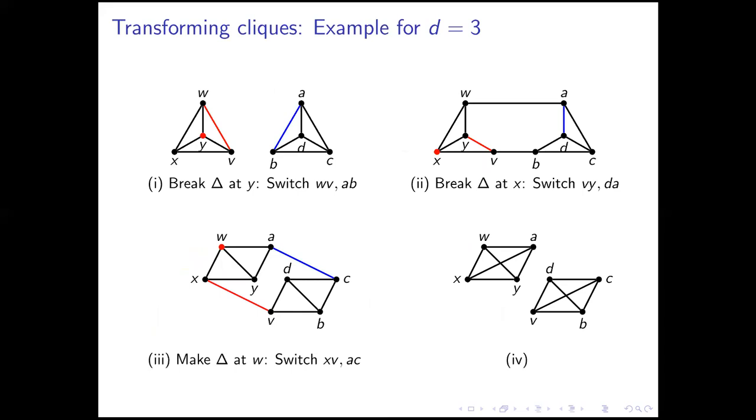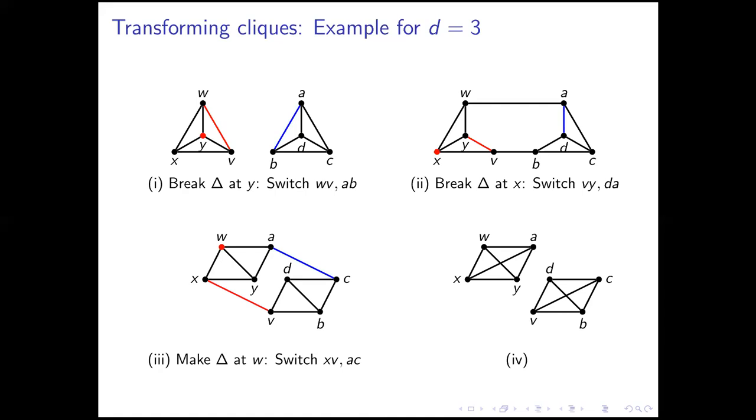Okay, so here's an example of transforming cliques for d equals 3. I've got those two cliques there at the top, those two tetrahedrons. And I'm going to use triangle switches to turn it into those two cliques at the bottom right. So basically, I'm going to move the vertex V away from the first clique on the left at the top and introduce the vertex A instead.